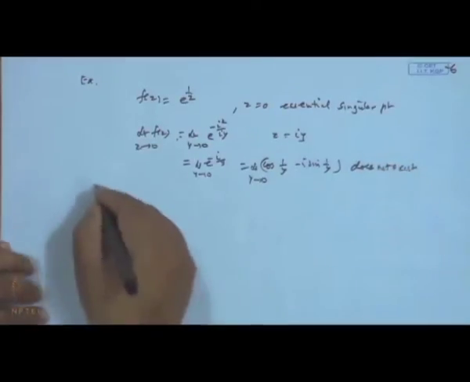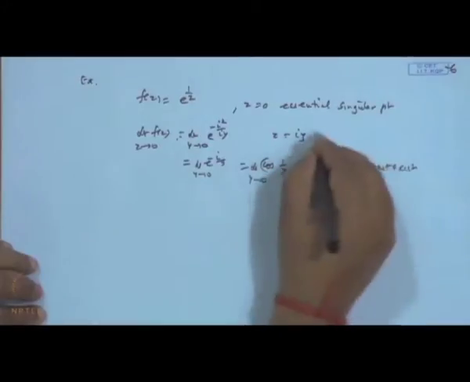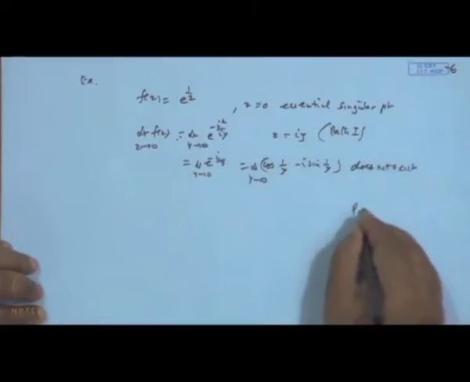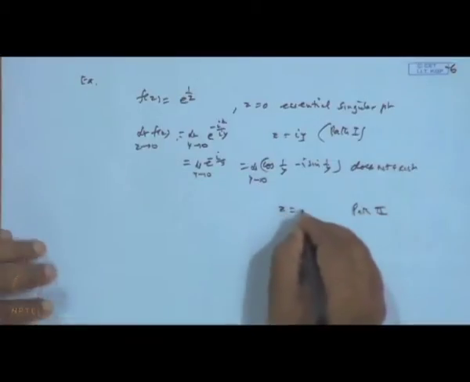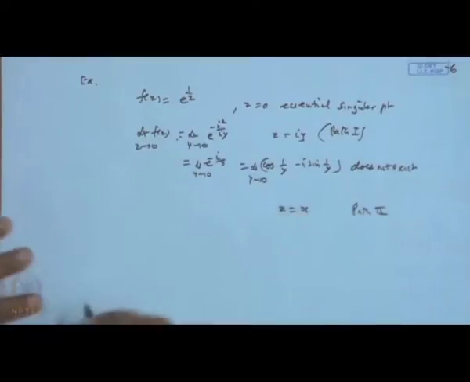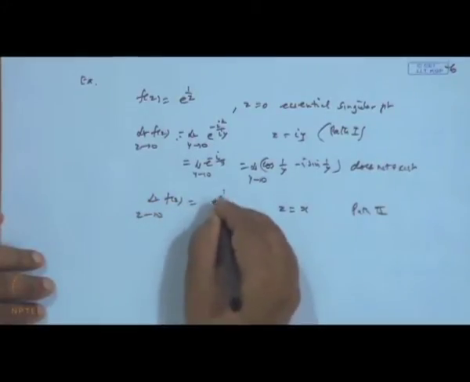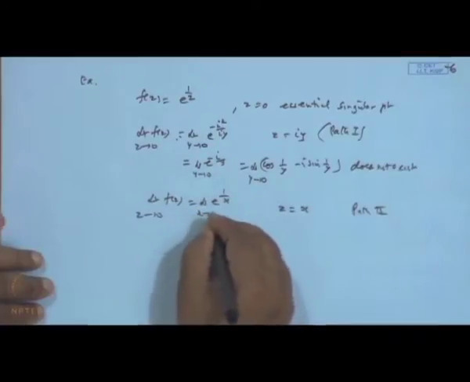This is path 1. If we take path 2, z equal to say x, then what is the limit of f(z) as z tends to 0? It is e to the power 1 by x as x tends to 0.